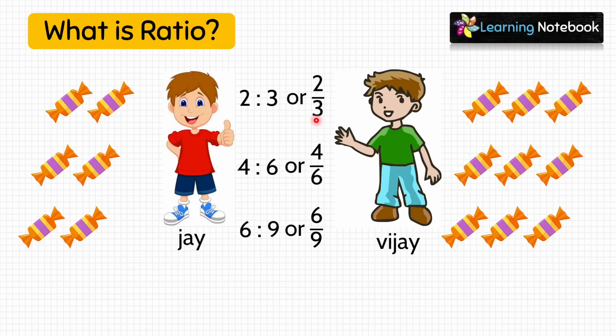This means Jay will always have chocolates in multiples of 2 and Vijay will always have chocolates in multiples of 3. And not just 2 chocolates and 3 chocolates.